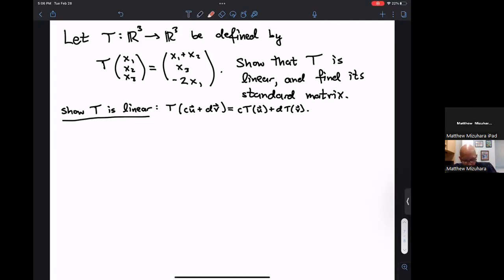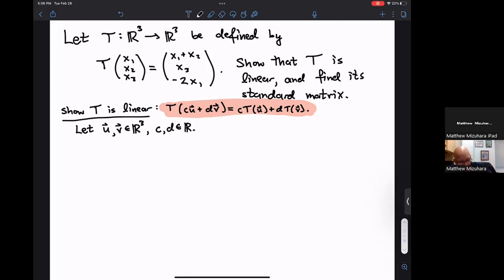Let me go ahead and highlight this just so we have it handy. All right, let's work through this and see if we can prove it. I'll be nice to my reader and set up my notation. So u and v are from R3, and c and d are just scalars, so these are just real numbers.